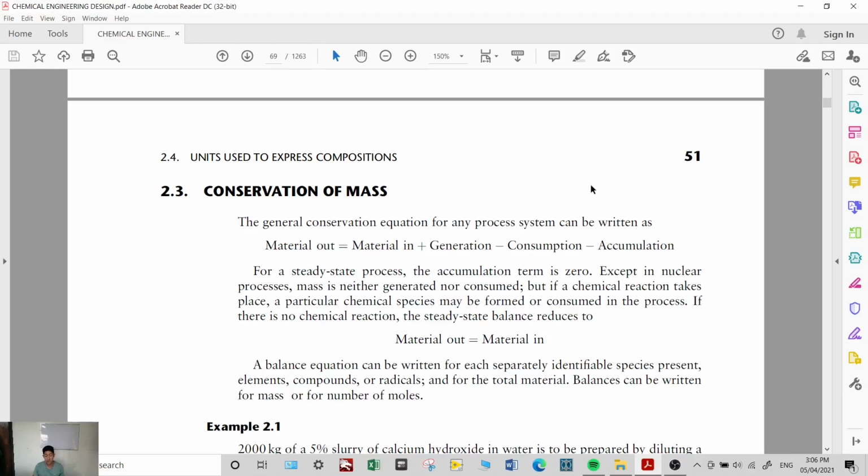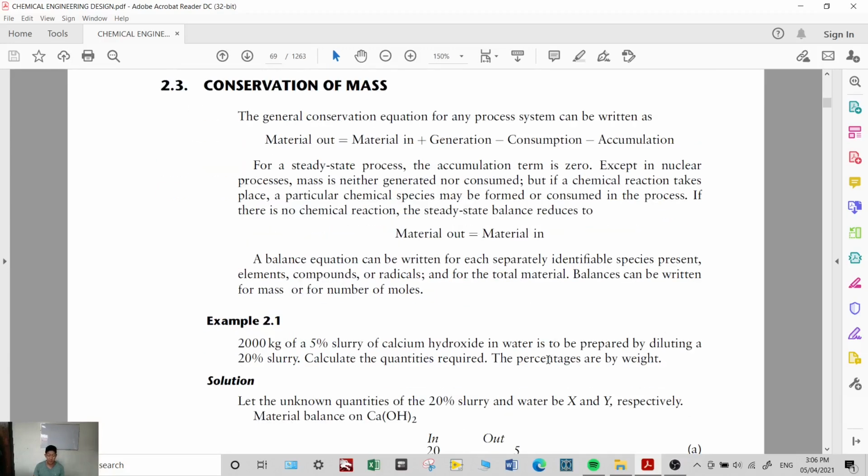Now, in that plant, you have no chemical reaction. You just use some crushers, rollers, what else? Conveyors. So, in analyzing the mass balance for that process, you just use this formula: material out is equal to material in.